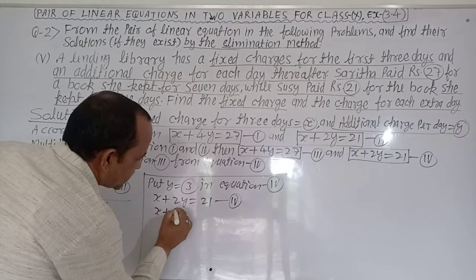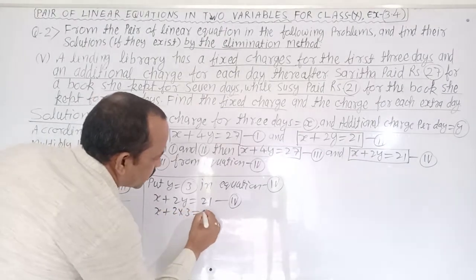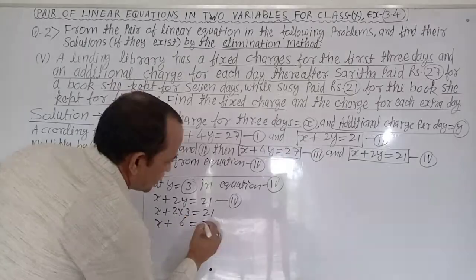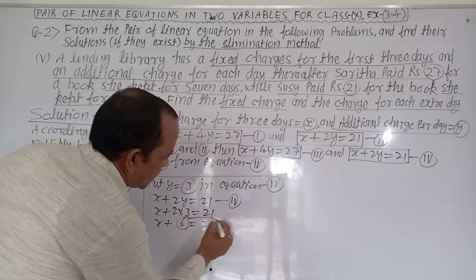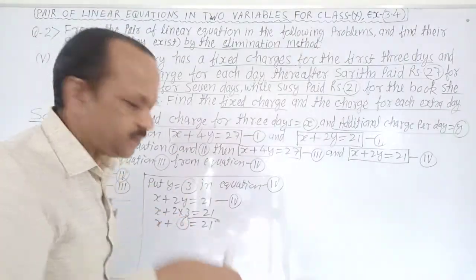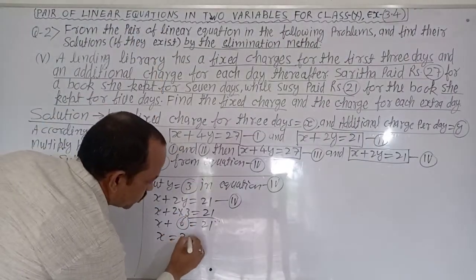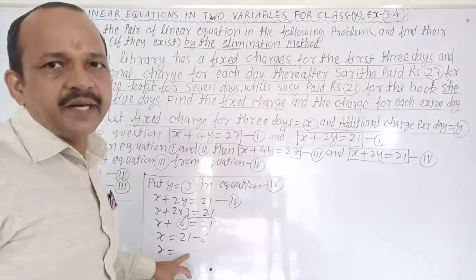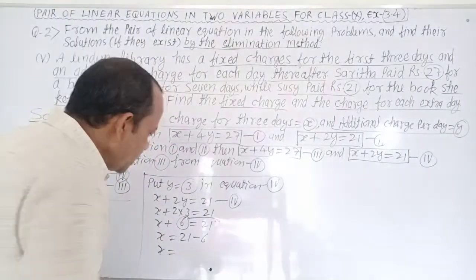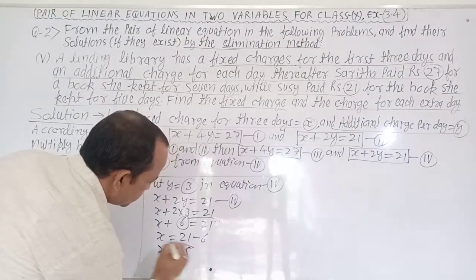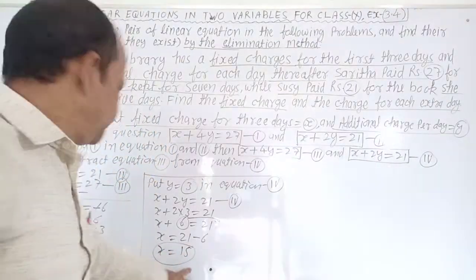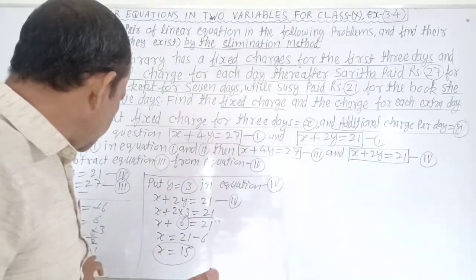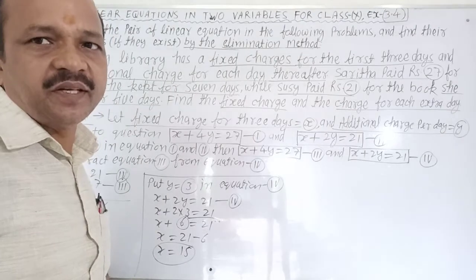Here x plus 2 multiply 3 equal to 21. x plus 6, 2 threes are 6, equal to 21. You can write 6 on the right side of equal. It becomes x equal to 21 minus 6. You subtract, x equal to 15. x equal to 15 and y equal to 3.